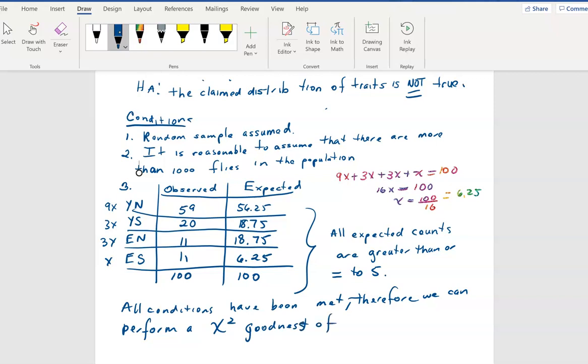You can abbreviate goodness of fit test as the chi-squared capital G-O-F test. And the degrees of freedom is the number of categories minus 1. So in this case, the degrees of freedom are 4 minus 1, or 3.